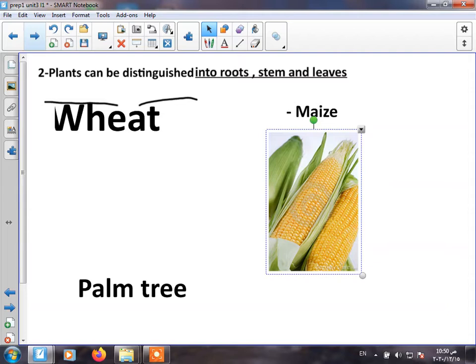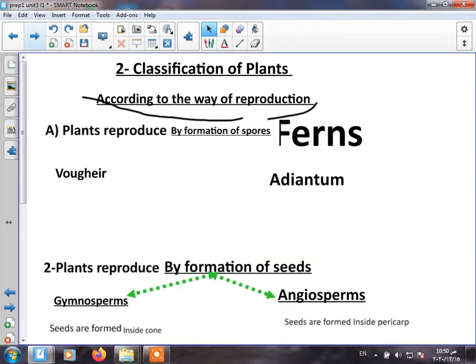Number two, the classification according to the way of reproduction. Reproduction here means to produce new individuals, to produce a new plant. Each plant reproduces to give a new plant. Understand? I have two ways of reproduction in plants.